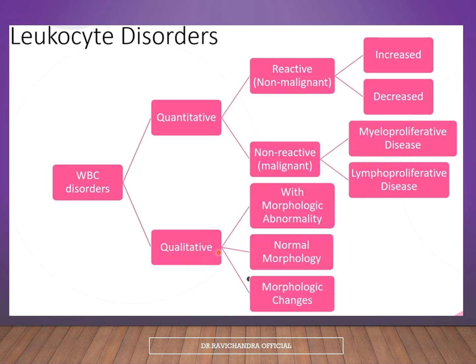In the non-reactive malignant conditions, they may be myeloproliferative diseases or lymphoproliferative diseases. And in the qualitative WBC disorders, they can be because of morphological changes or with normal morphology. You have to remember that WBC disorders are mainly classified into quantitative and qualitative.